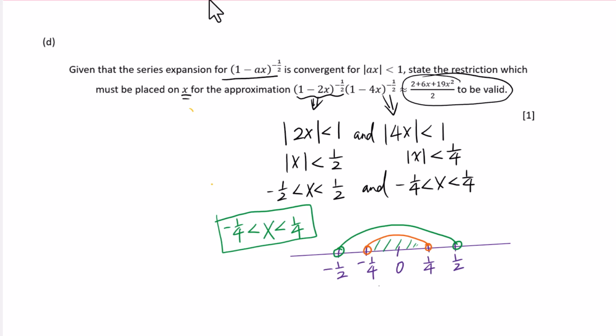By the way, let's go over the absolute value inequalities. Absolute value of x less than a, for a greater than 0, the solution will be x greater than negative a and less than a, because absolute value means the distance from the origin.